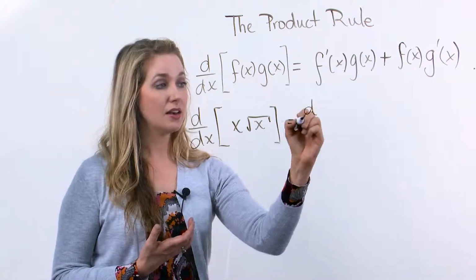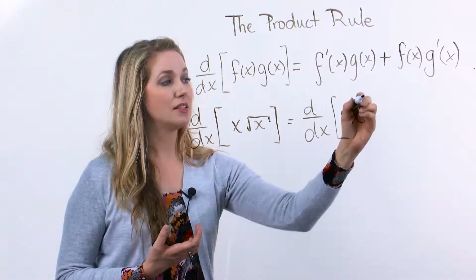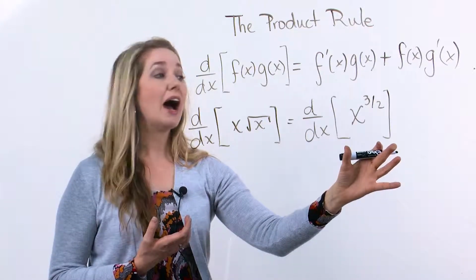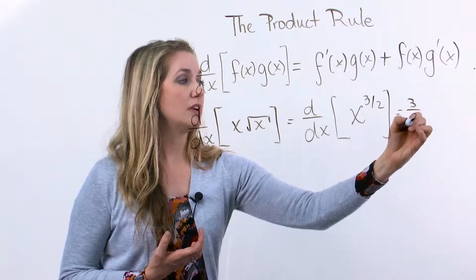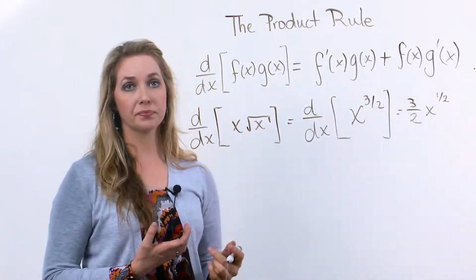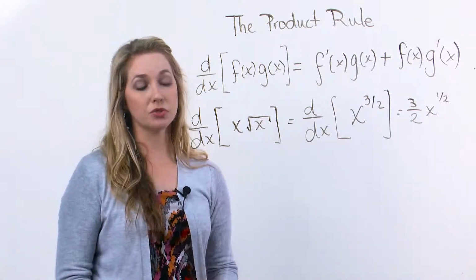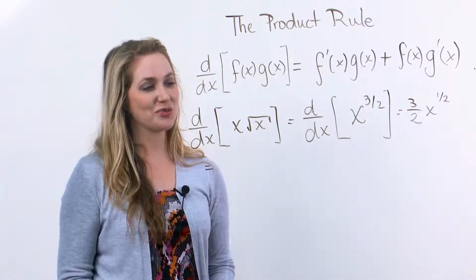So I can algebraically simplify this first and write this as x to the 3/2 power and use the power rule to find the derivative here. In that case, that would be 3/2 x to the 1/2 power. But I actually want to use the product rule right now to illustrate how to use the product rule.